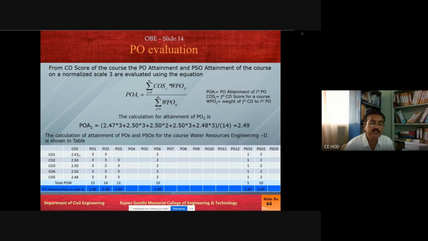The CO scores are CO1 2.47 into 3, 2.5 into 3, 2.5 into 2, 2.5 into 3, 2.48 into 3, divided by the total weightage, 14, for PO2. Divided by 14 is 2.49. 2.49 is the attainment level of PO2, sir. Like that, we have calculated for all the POs. This is for water resource engineering 2 too. Like that, we have done for all the courses.